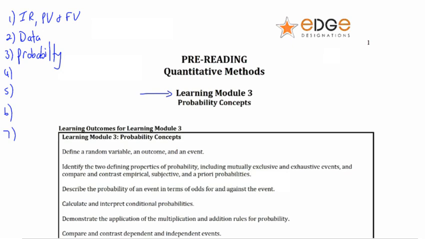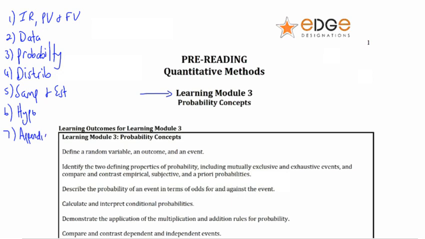Number 4, we'll start to deal with distributions. Number 5 is a little bit of sampling and estimation. Learning module 6, we start off looking at hypothesis testing, and module 7 is not really a learning module. It's an appendix.